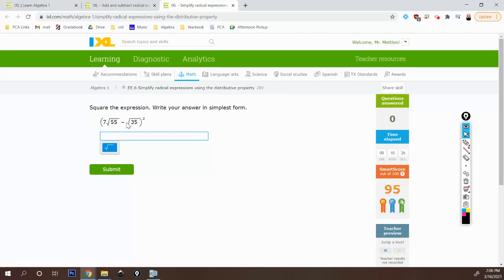If you get one like this that has the squared on it, that just means 2 of them. So we would rewrite this, pen tool. So forget that squared. And I would write 7 square root of 55 minus the square root of 35. And then we would just start distributing. So 7 times 7 is 49.